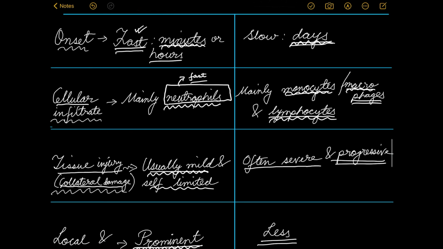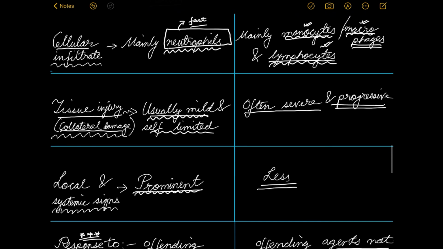Which means the slower leukocytes will be the ones to respond, right? And the tissue injury in this case will be progressive and severe. It would progressively stack up because it's going on for days and months and years. So the host collateral damage would be severe in this case.